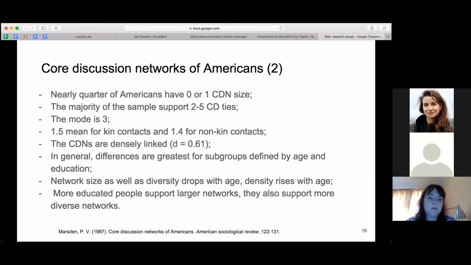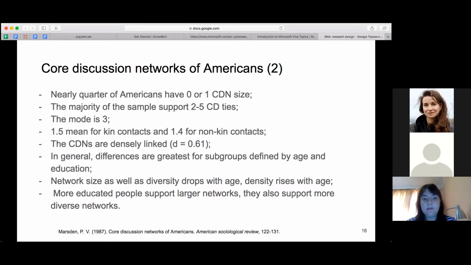Interesting also that core discussion network was studied 20 years later after this data collection, and researchers found the increase in number of social isolates. So more Americans reported that they have 0 or 1 core contact.